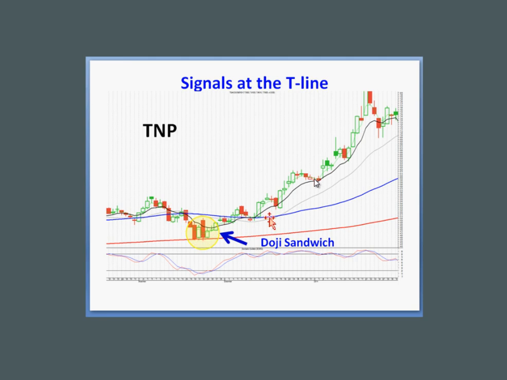But the T line, the 8 exponential moving average, the black line, has a concept to it that is what we call our unfair advantage. If we understand the fact that candlestick signals are the graphic depiction of human emotion, and the T line doesn't act like a magnet.